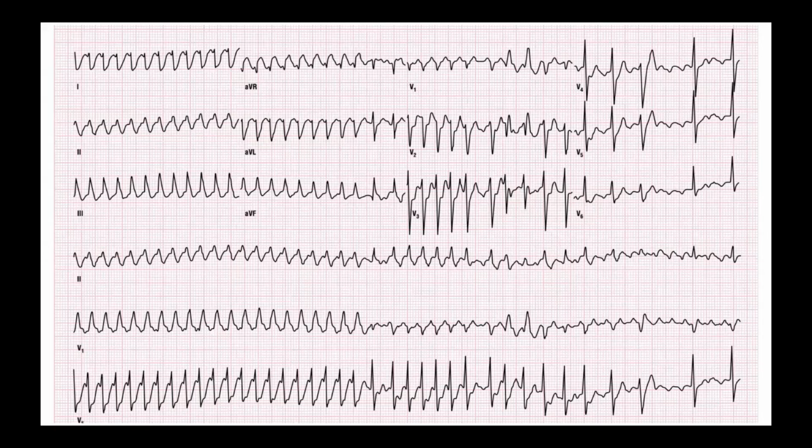In leads 1, 2, 3, aVL and aVF, there is a wide complex, and I don't see a clear P wave. See here, there is a P wave here in V1, sir. V1, yes. After the QRS immediately. Yes, here. There is P wave.